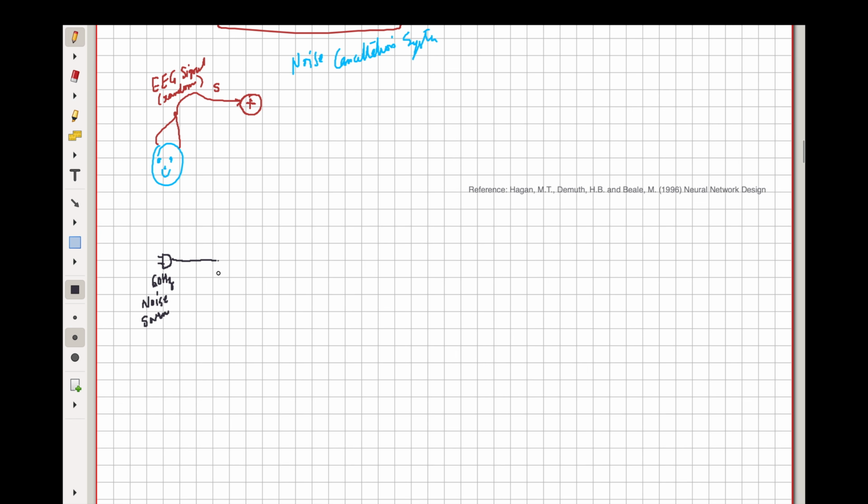You have this going this way and there is this noise that goes up here, and there we create a box, and this box is the noise path filter.